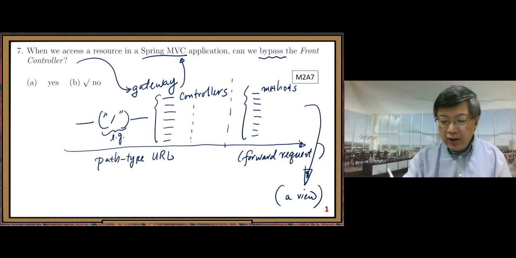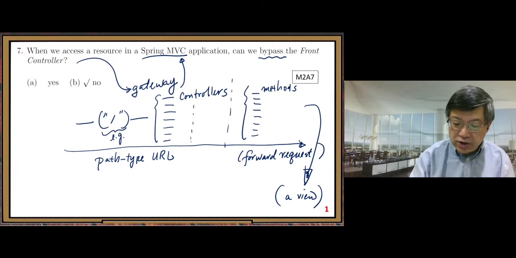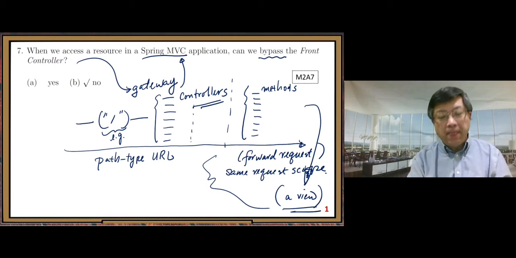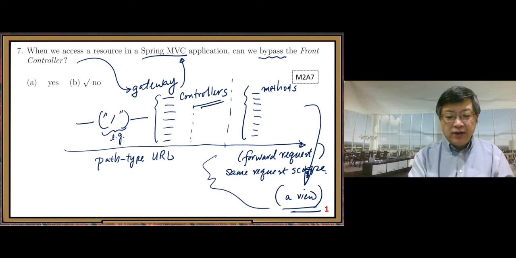In this way, they are in the same request scope. So this view and that controller are in the same request scope, so they can share the same data. So that's the typical procedure.